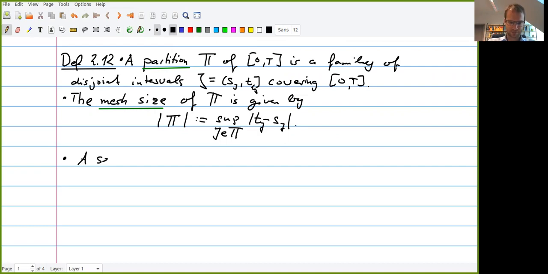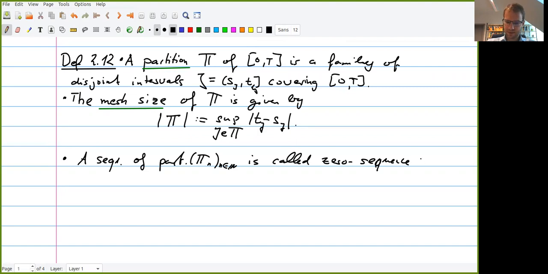So a sequence of partitions, called Pi n, is called a zero sequence of partitions if we have the following properties.